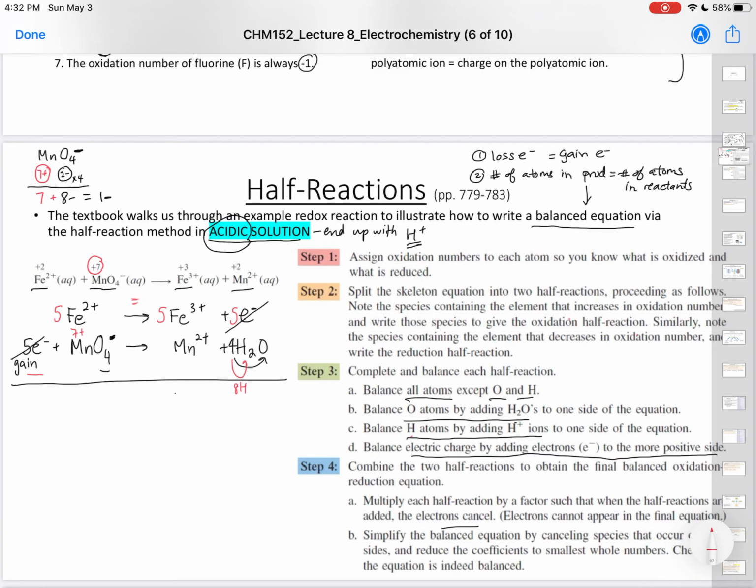So really, we need to balance hydrogen atoms by adding H plus ions. I'm going to run out of space here, but we're going to write H plus. And we do have 8 H pluses here on the left side, okay? So let's bring everything down again.